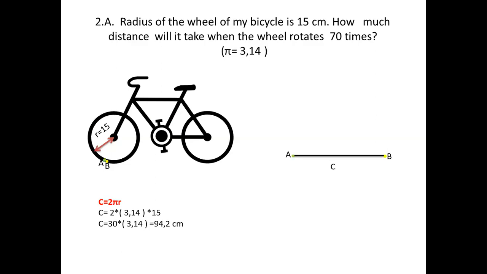But it's not the answer because this wheel rotates 70 times. That's why I should multiply by 70. So C times 70, which is 94.2 times 70, is 6,594 centimeters. It is the distance which the wheel takes.